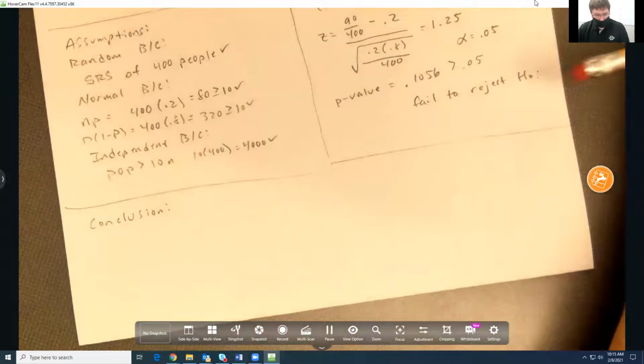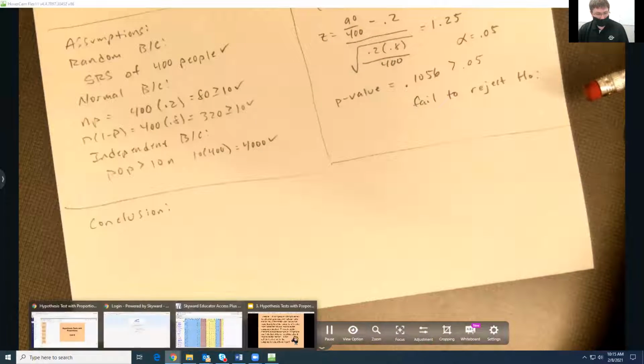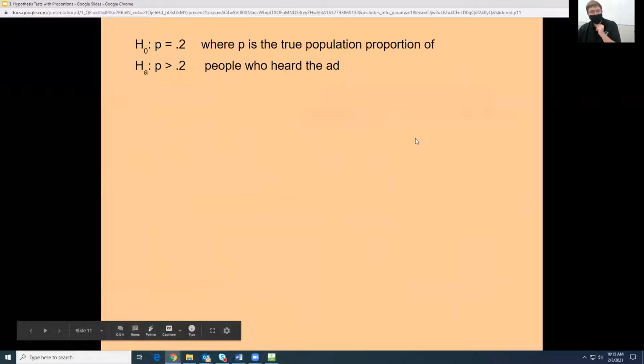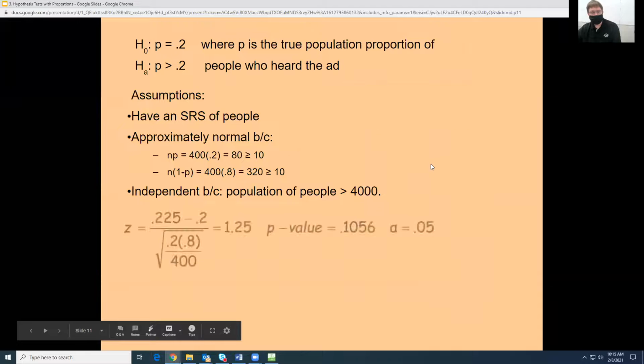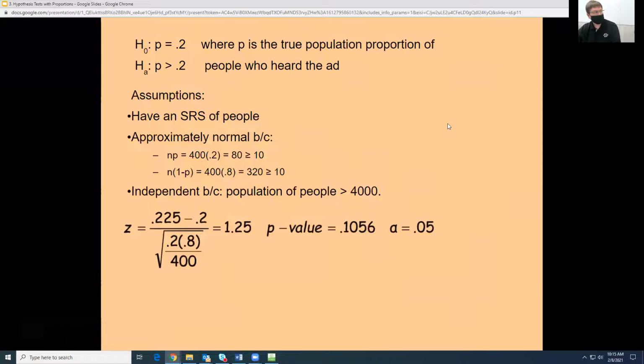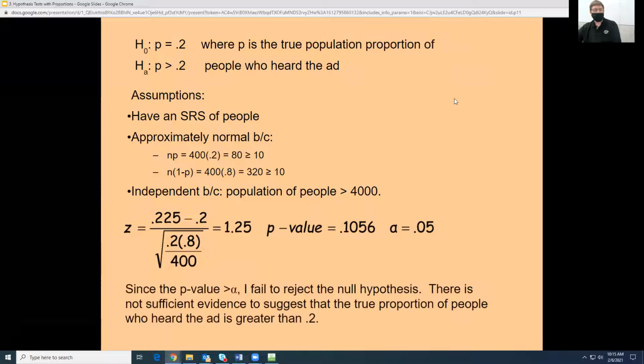I'm going to put it on the screen, not in written form, so you guys can see it better. So hypothesis, assumptions, p-value, alpha value, there's everything we just did. There's my conclusion at the bottom. It's easier to read the print than me write it up there. So since the p-value is greater than alpha, 10.56% is bigger than 5%, we fail to reject the null hypothesis.